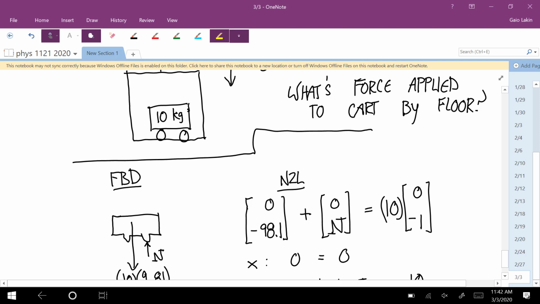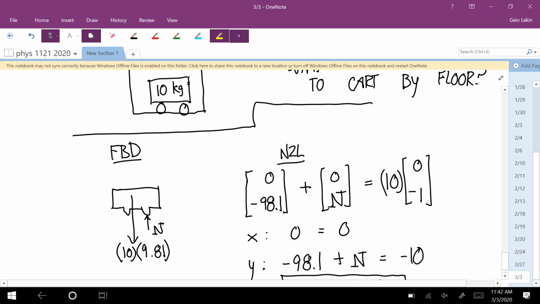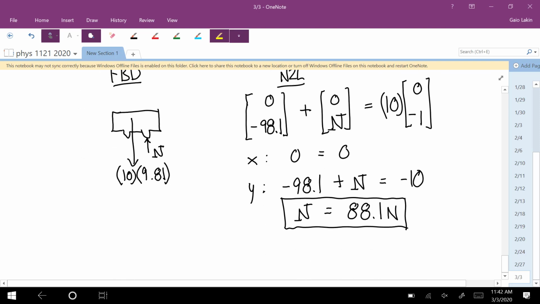The weight of this object is 98.1 newtons. But while it's accelerating down, in this case, the bathroom scale reads a smaller weight. And if it was accelerating up, the bathroom scale would read a bigger weight.